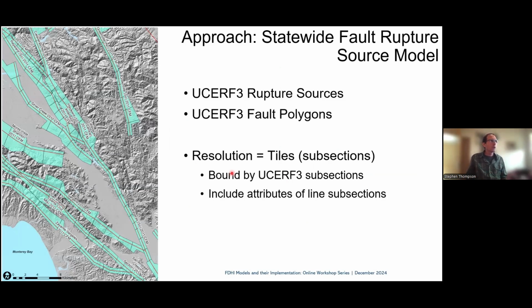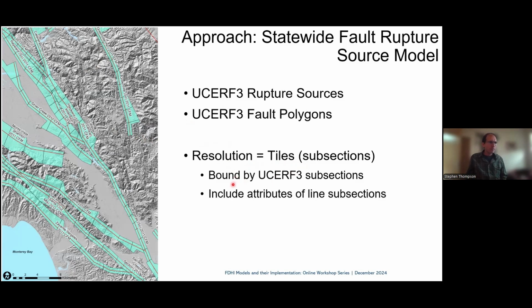A couple of slides quickly about the approach. We're using the UCERF3 rupture sources, again, represented by these red lines in this image. And we're using the fault polygons down to the resolution that the UCERF3 project allows. And so the smallest elements in the UCERF3 model are these tiles or subsections.